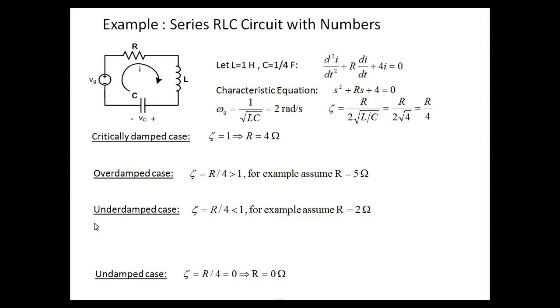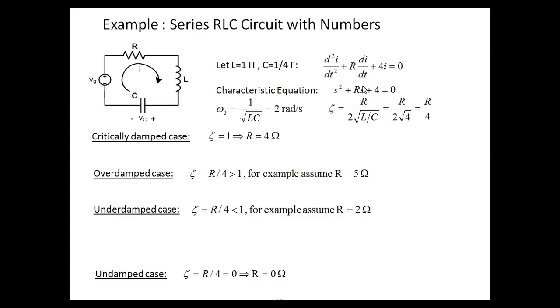From what you can see here, we discussed 4 cases: the critically damped case, the overdamped case, the underdamped case, and then the undamped case. We discussed all of those. The reason we had to discuss these cases is because when you look at the question, we do not have a value of R. So the characteristic equation we obtained is s squared plus Rs plus 4 equal to 0.